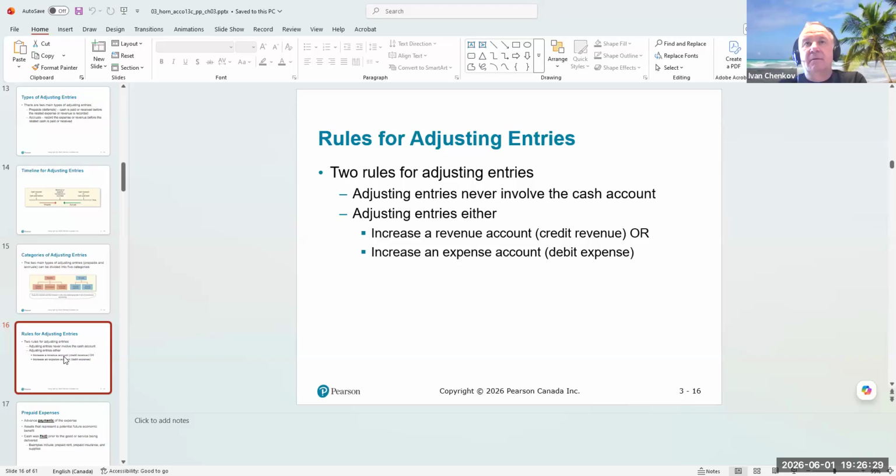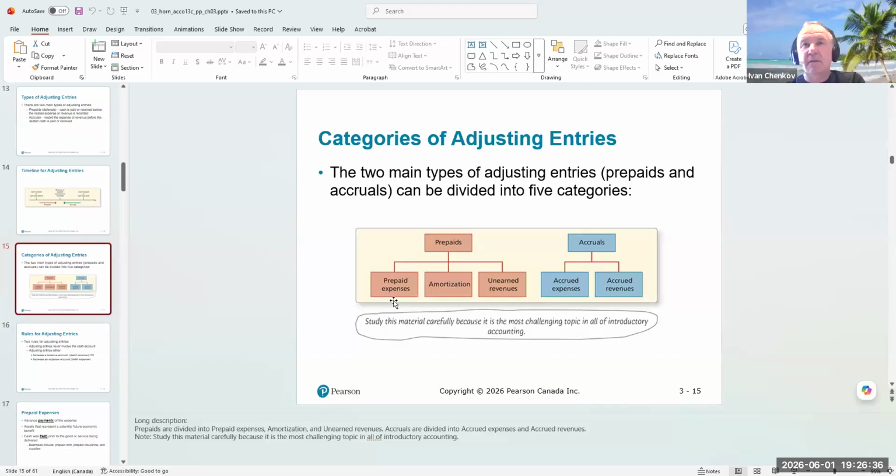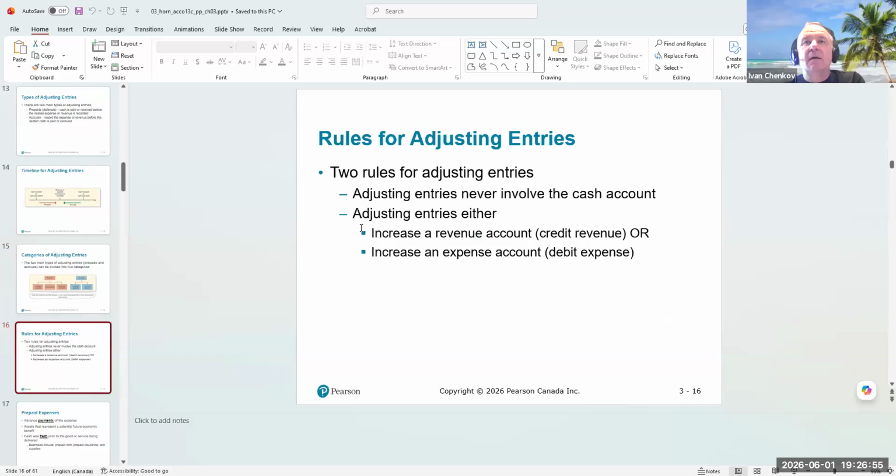Again, when you're doing adjusting entries, either prepaid and deferring the expenses and revenue, or accruals, expense and revenue, cash is never ever involved. Use any other accounts, no cash. In an adjusting entry, we're going to either increase the revenue or increase the expenses.